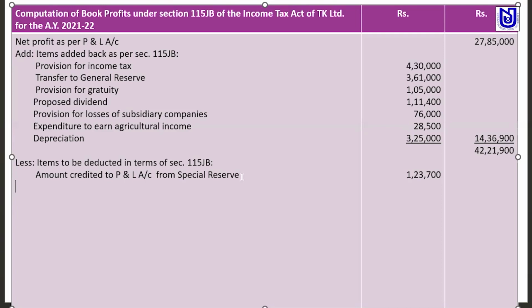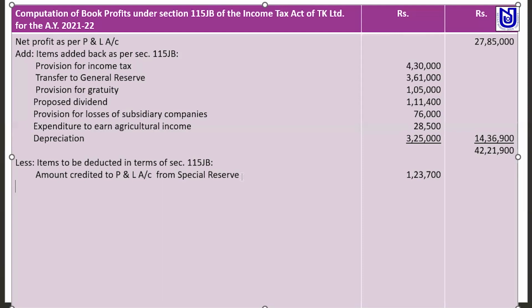That is, whatever you have credited to your P&L account through revaluation reserve is to be deducted to the extent of the depreciation on revaluation of assets. Earlier, whenever there was depreciation, within brackets there was a figure including depreciation of 1,23,000 on revaluation. So this 1,23,000 and your credit from revaluation is 1,45,000. So this 1,45,000 is not to be deducted. It shall be deducted to the extent of depreciation on revaluation of asset, that is 1,23,000.